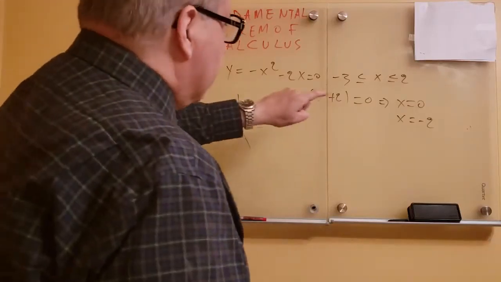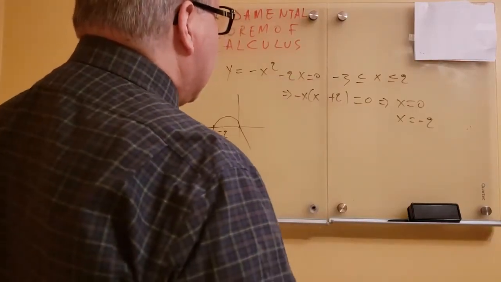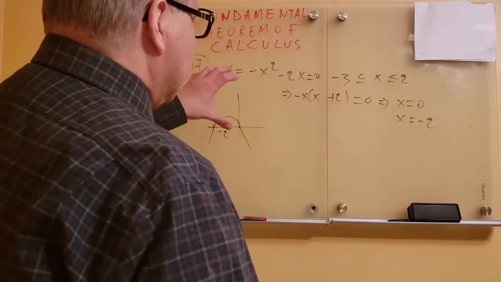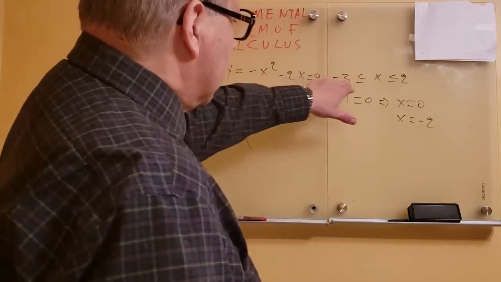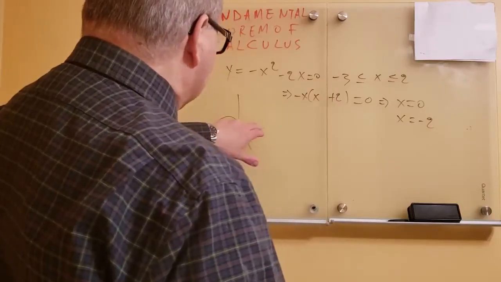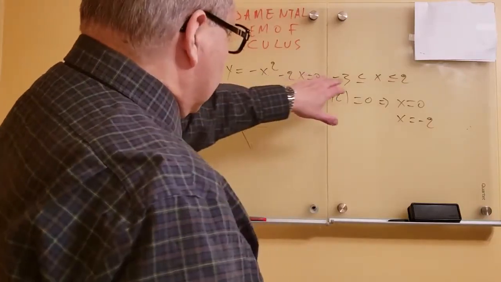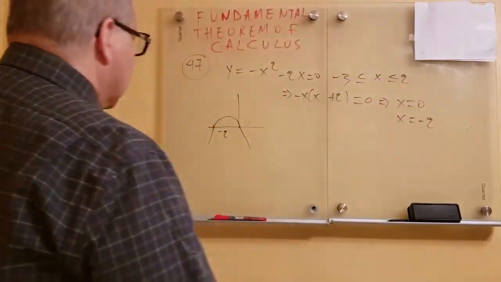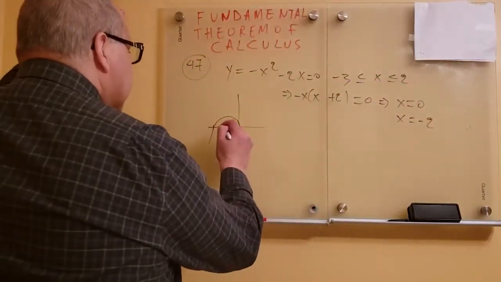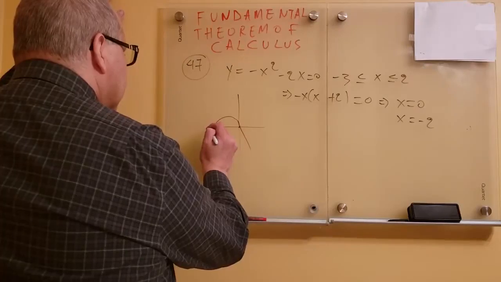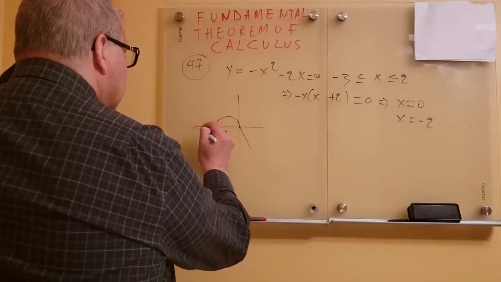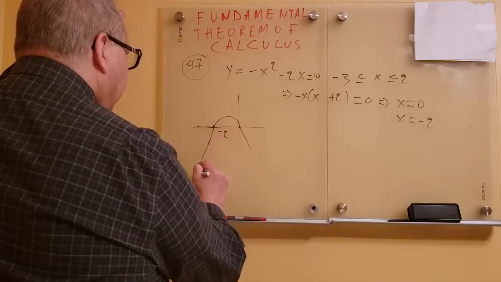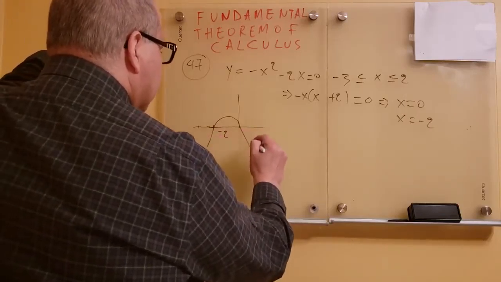And we have to find the area between this graph and the x-axis, between the points -3 and 2. So if this is -2, then -3 should be somewhere here, and 2 should be somewhere here.